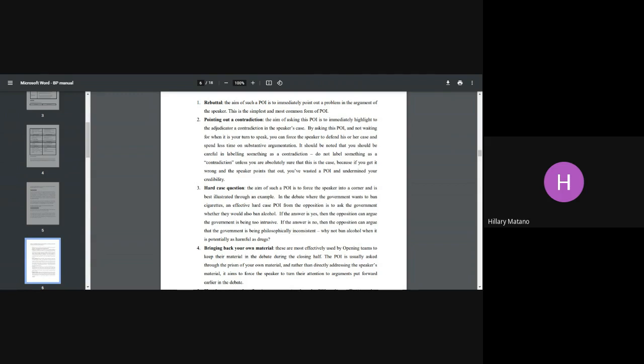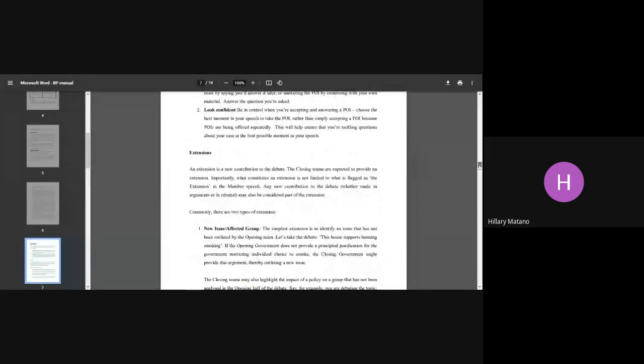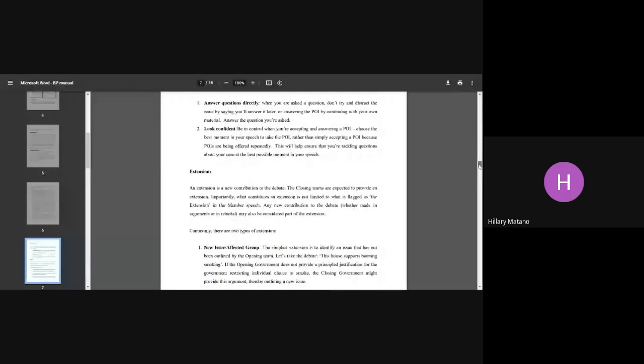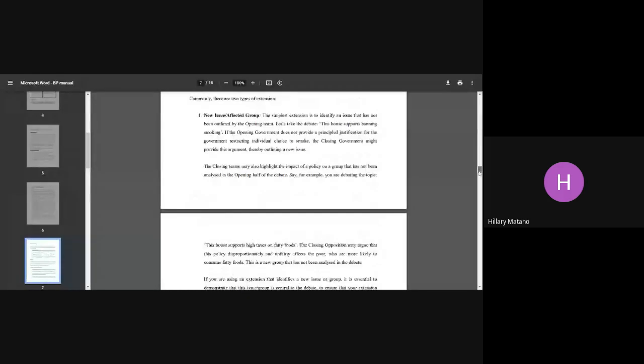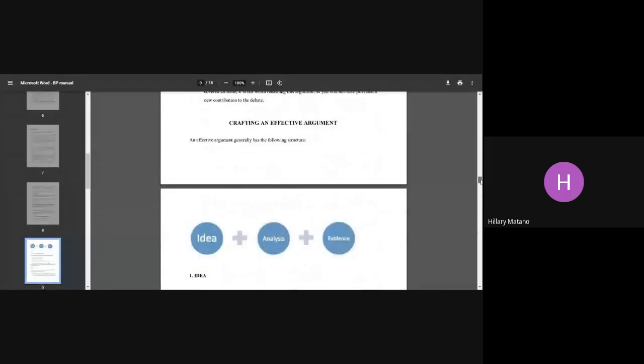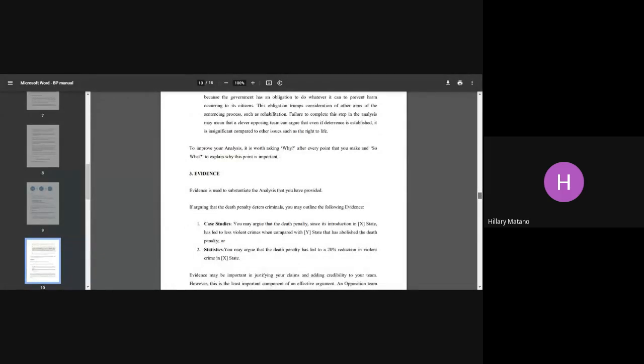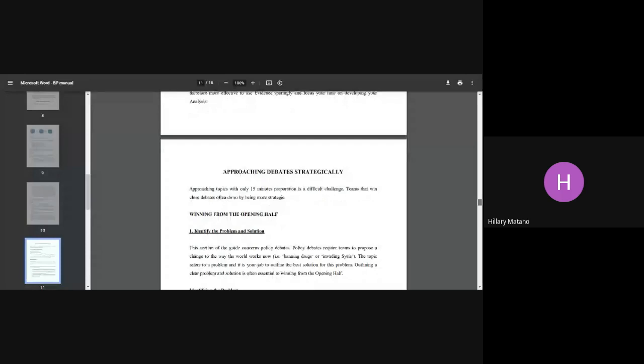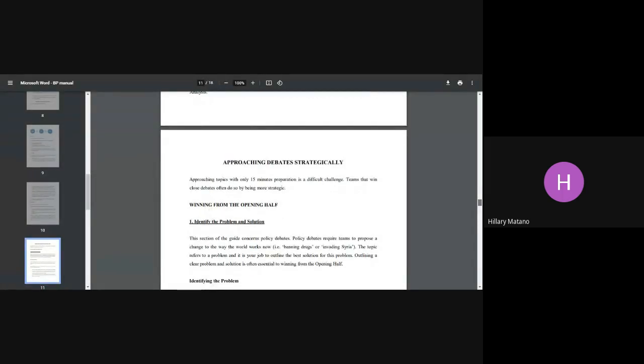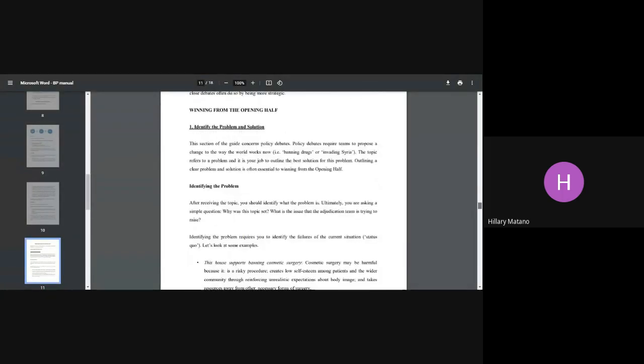Having looked at that, we look at timing. Each speaker has 7 minutes of speech in the standard British parliamentary format. But in instances where time is a constraint, the organizers of an event always do 5 minutes.